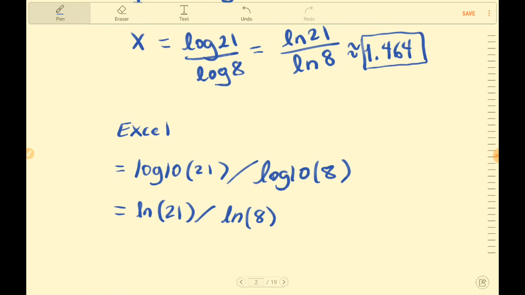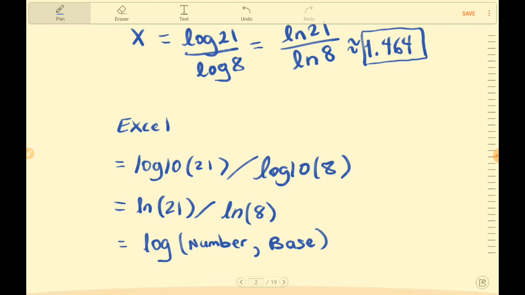And still another way, which does not require the use of the change of base formula, is I think it just says log, and you can put in your number that you're evaluating and then the base. That's the way it's written when you see the little pop-up that shows you what to enter into the log function. But I would like to just note that argument is what we call that.